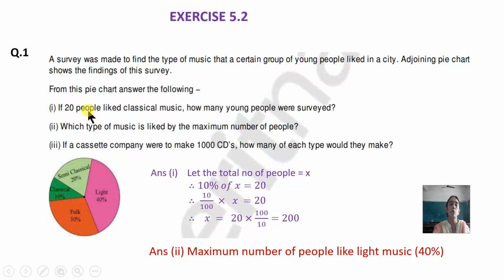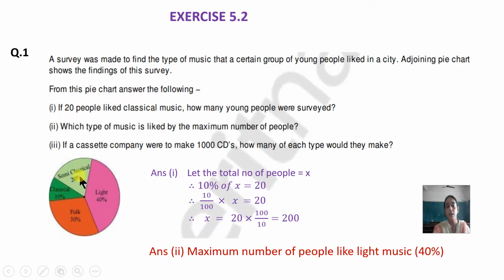If 20 people liked classical music, how many young people were surveyed? You are asked the total number of people. So here let the total number of people be equal to x, because we don't know the total number of people. Now you are already given that 20 people liked classical music.